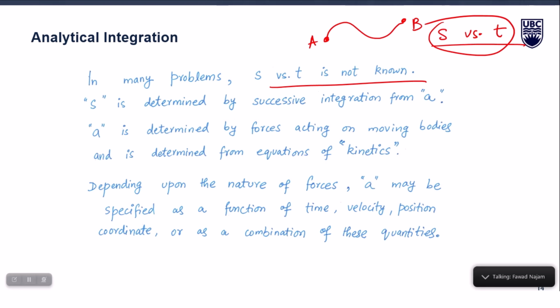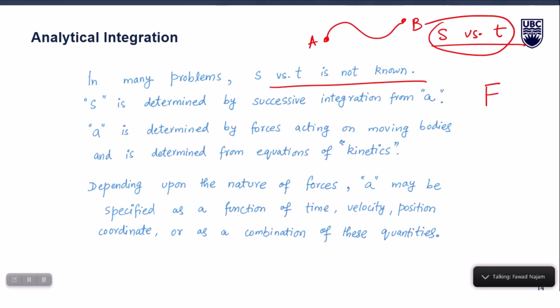So you should have another category of problems in which S versus T is not given, unlike the one we just saw. Instead, acceleration is given to you, which is a direct result of some applied forces. For example, let's start with the force which is applied to a particular particle to cause that motion.